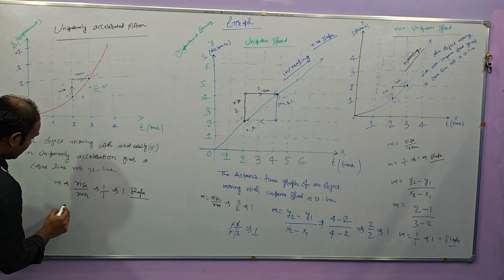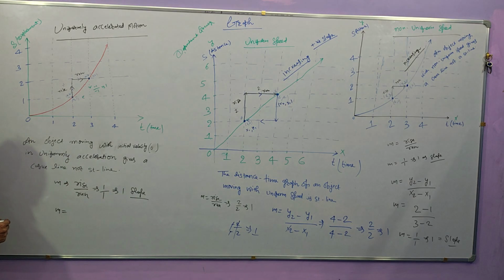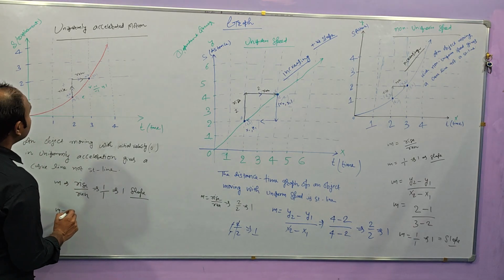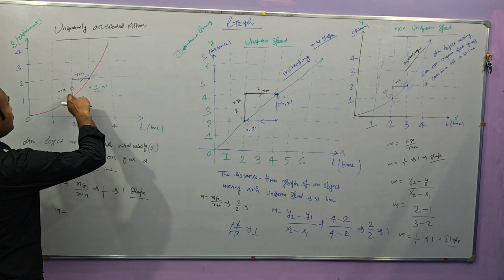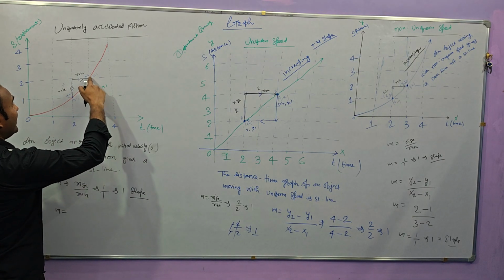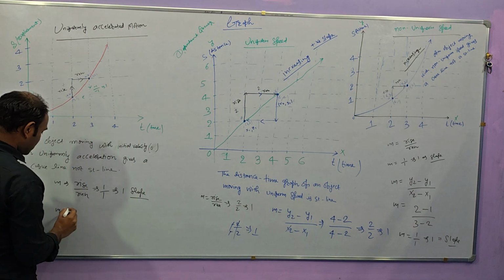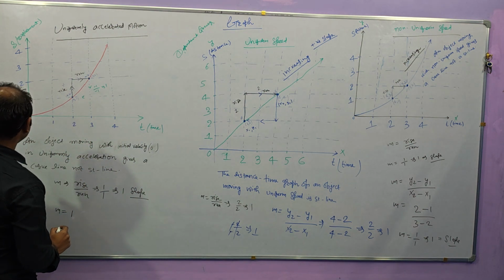When we find it using coordinates, we have S2, Y2 and S1, Y1. So Y2 minus Y1, where Y2 is 1.